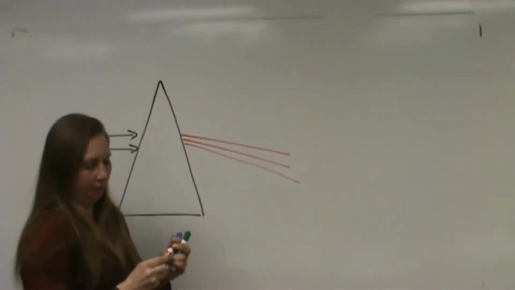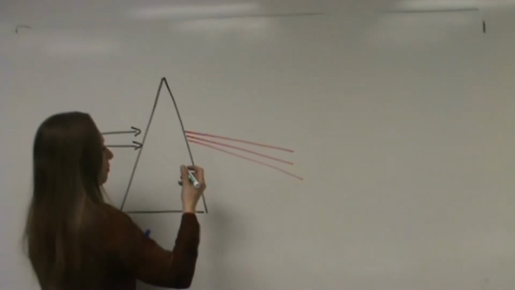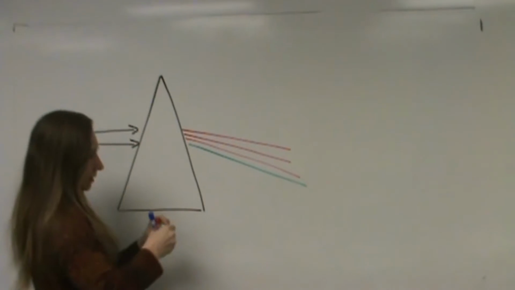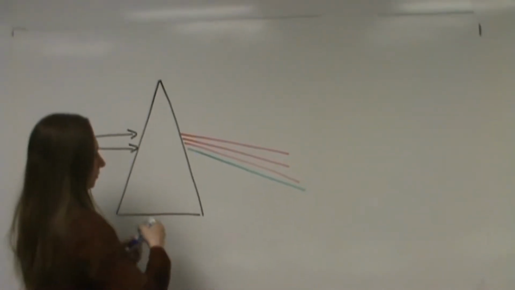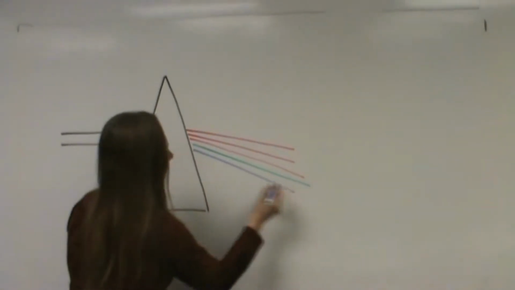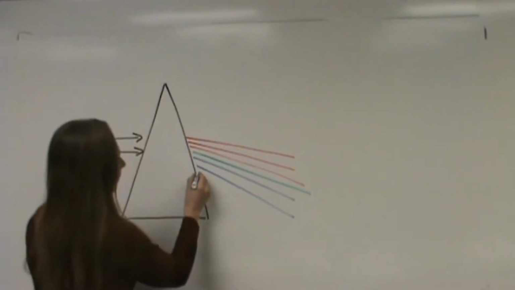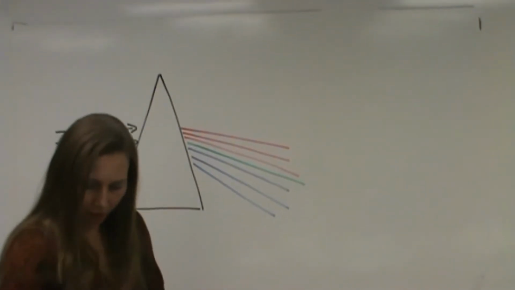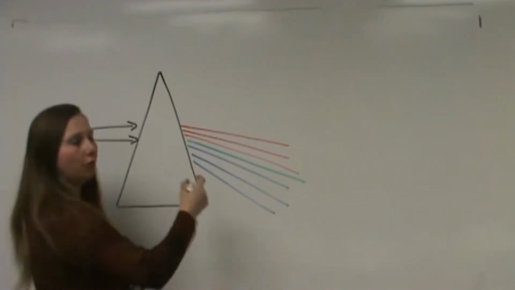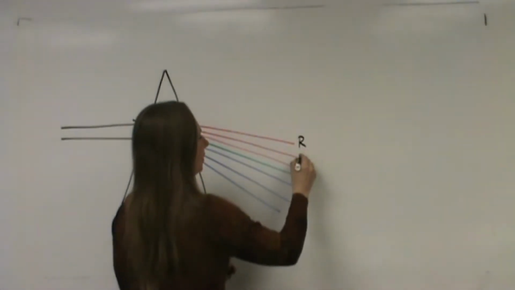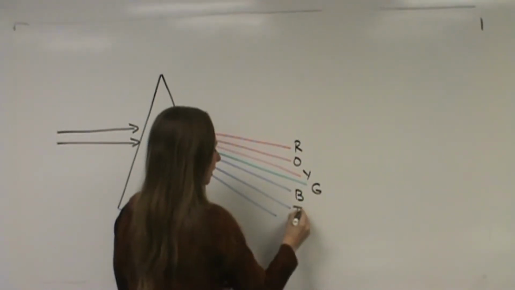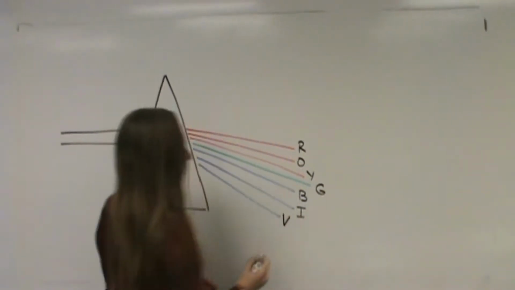The green refracts more than the yellow. And then the blue, the indigo, and the violet refracts the most. So our rainbow would be red, orange, yellow, green, blue, indigo, and violet.